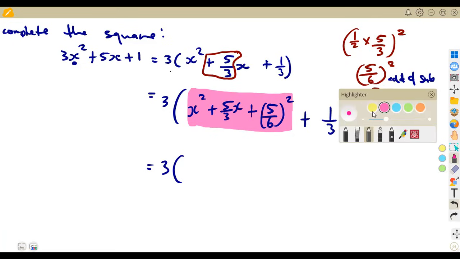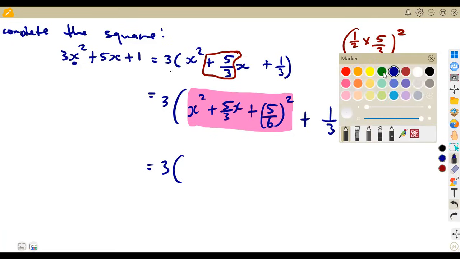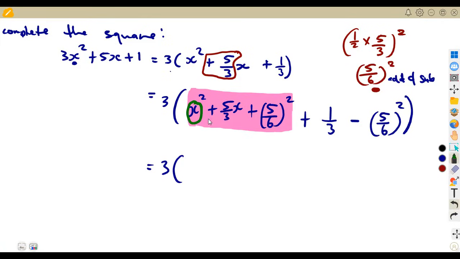I said you take the first term and the last term that are being raised to the exponent of 2, x and what? 5 over 6. So it's going to be 3 into, you're going to open the bracket, x plus 5 over 6, squared. So you square this. You have factorized the whole of this quadratic expression.